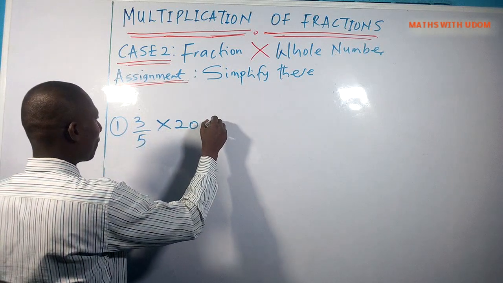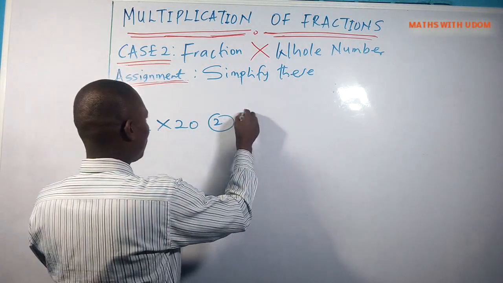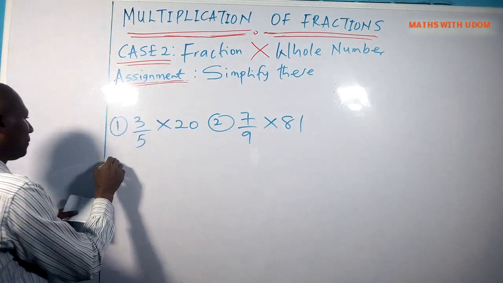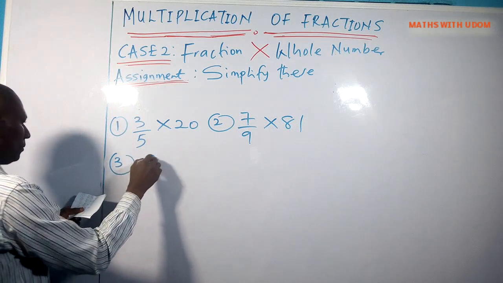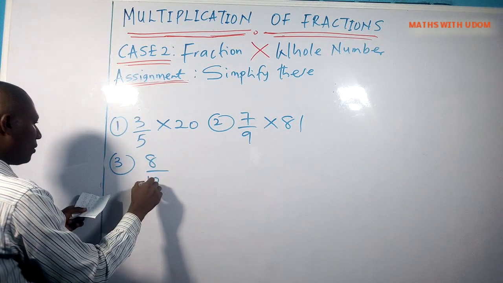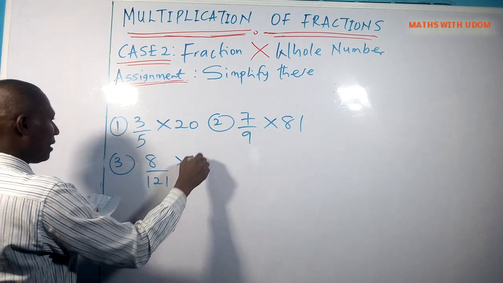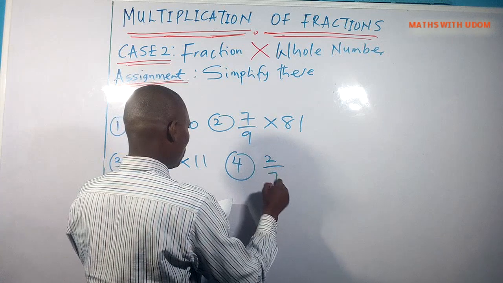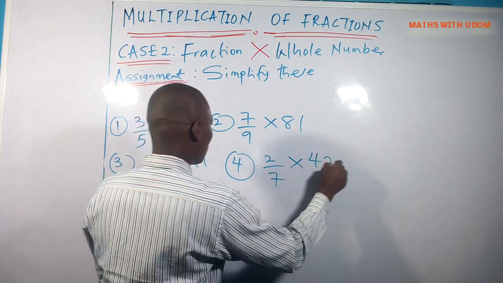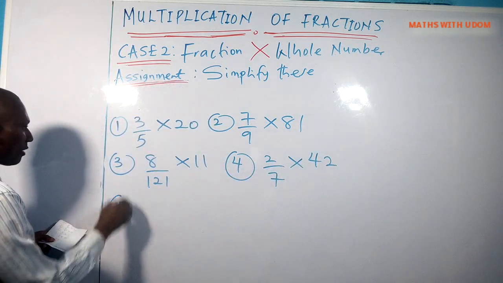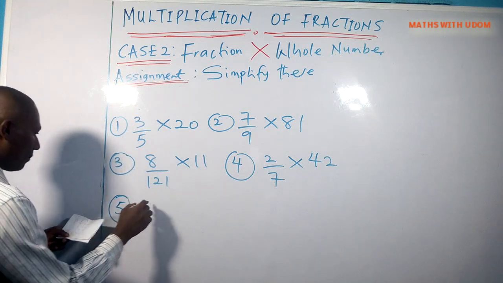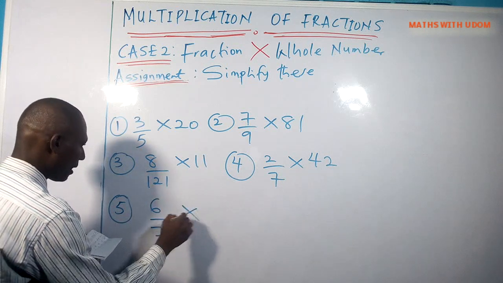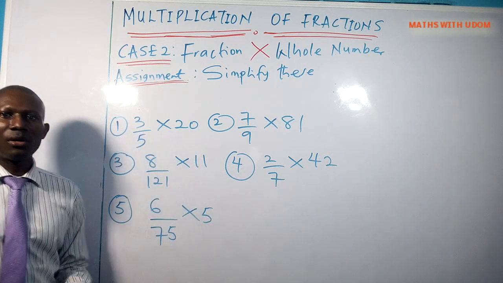Number 2: 7 over 9 multiplied by 81. Number 3: 8 over 121 multiplied by 11. Number 4: 2 over 7 multiplied by 42. And lastly, number 5: 6 over 75 multiplied by 5. So these are your assignments.